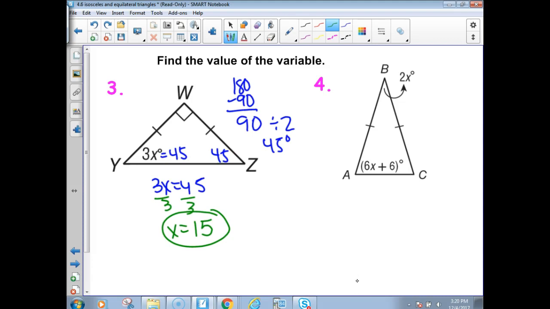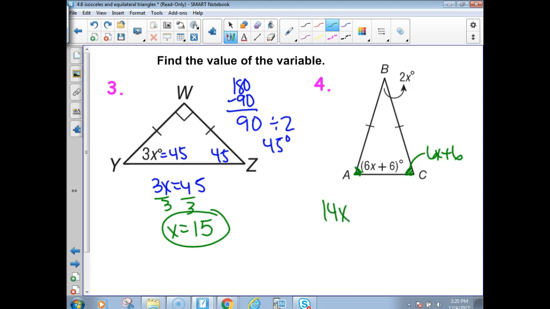Now I can't use that strategy on number 4. So how about a strategy for 4, please? I know angle A and C equal each other because of your isosceles. Okay, I heard you say 14x, which would be 6x plus 6x plus 2x.